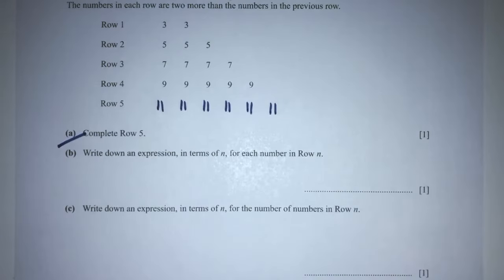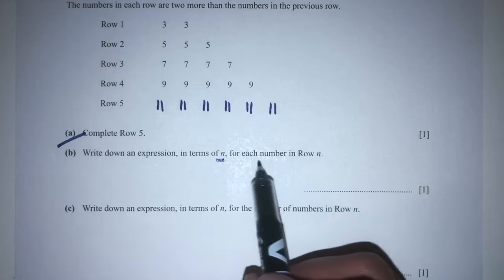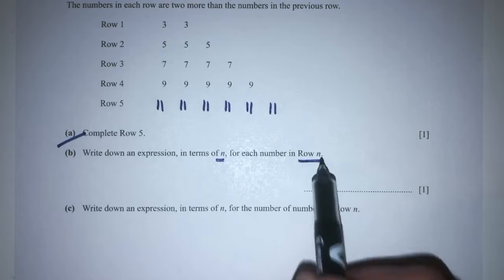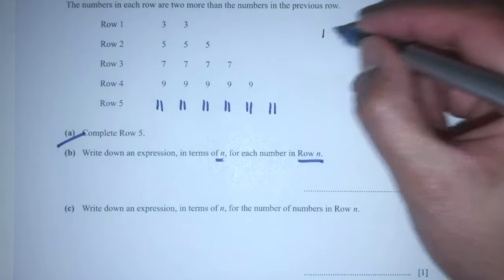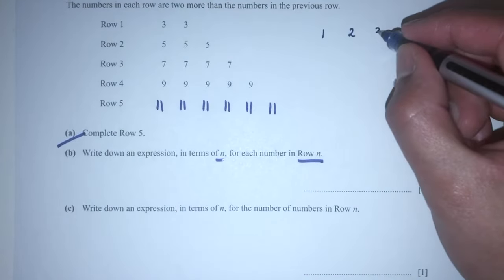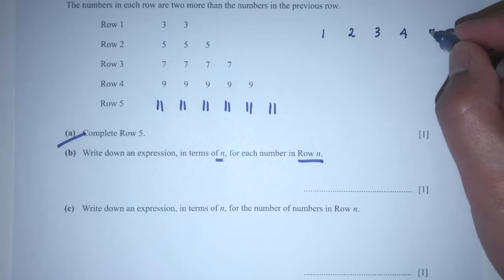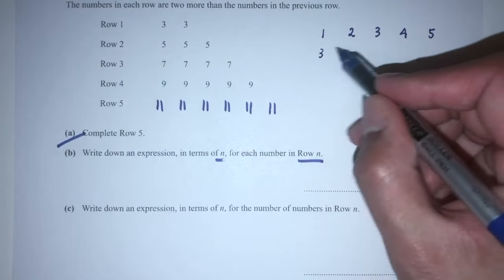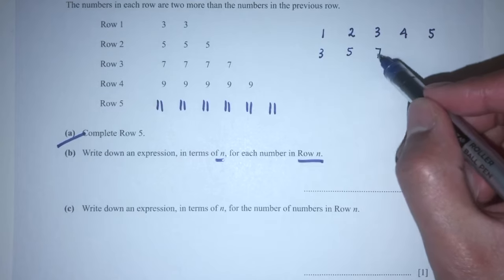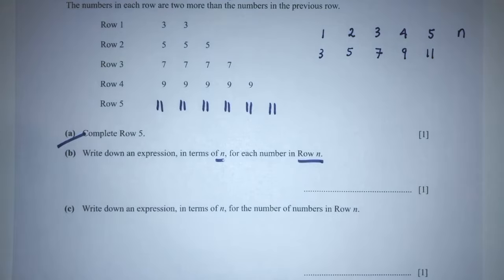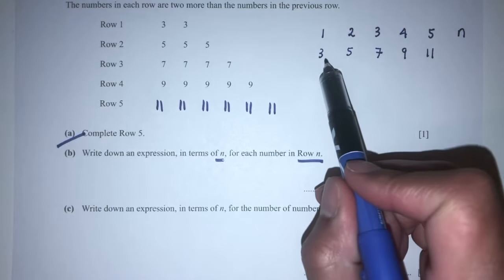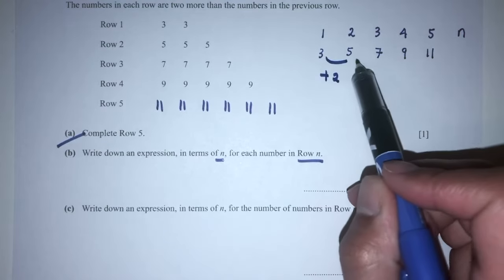Now part B, write down an expression in terms of n for each number in row n. Let's write down 1, 2, 3, 4, and 5. The numbers are 3, 5, 7, 9, 11. Here we have to find n. It is very clear what's happening: every time we are increasing by 2.